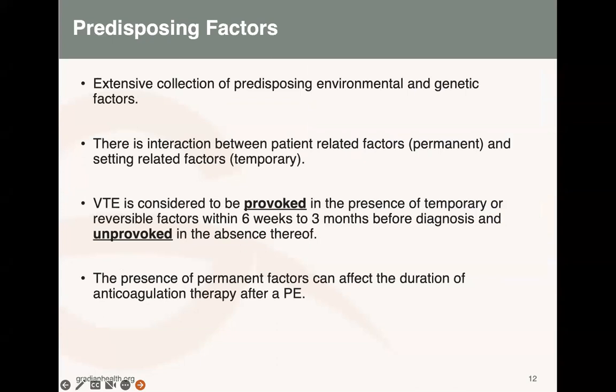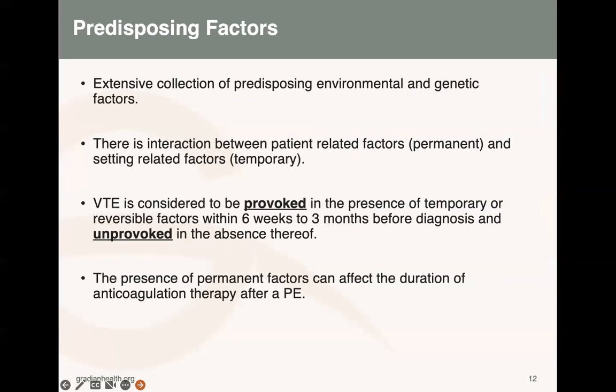So, predisposing factors. Why do we want to know about the predisposing factors? As we have seen, most of the time the diagnosis of pulmonary embolism is missed, or it is done late. For you to diagnose pulmonary embolism, you need to think about it.